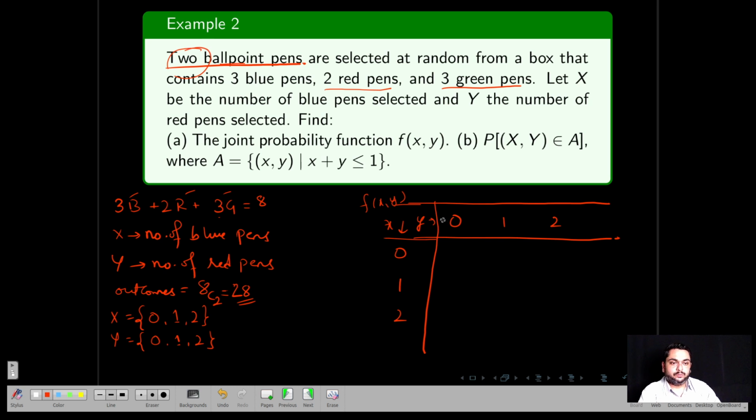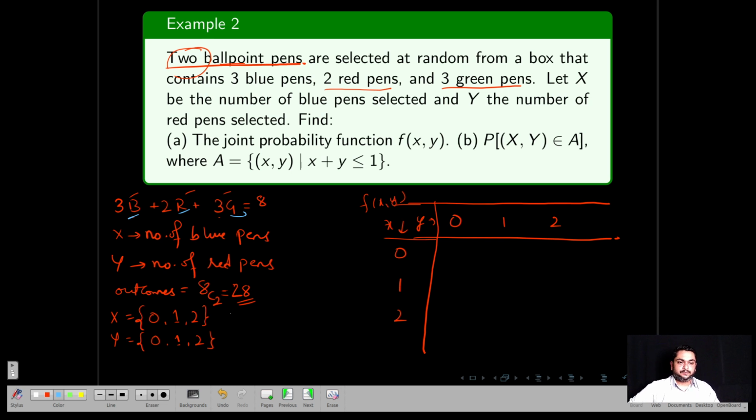So sum should be 2, either including blue or green or red. Now, both blue and red are 0. Is it possible? Yes, it is possible. Why? I can select 2 from green, no? So this is possible.